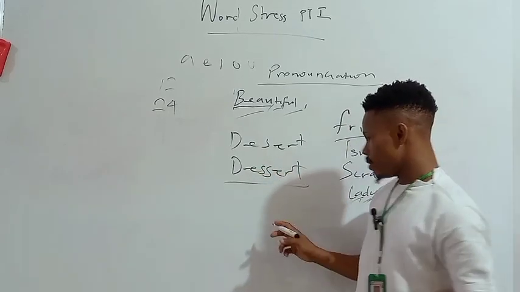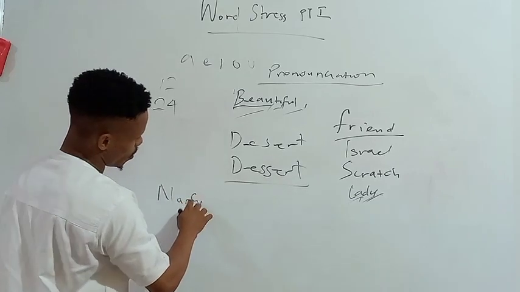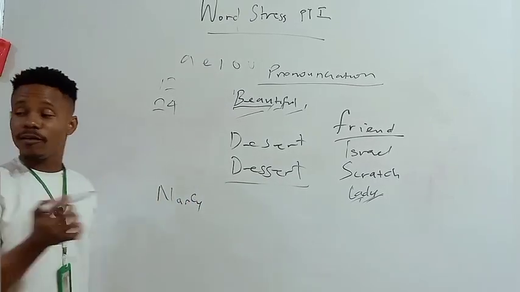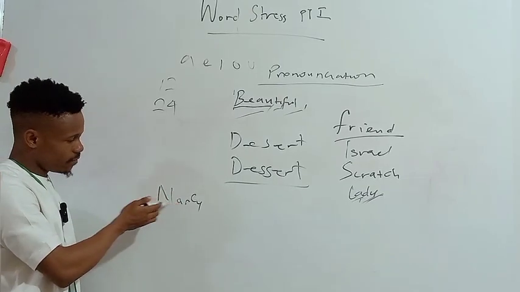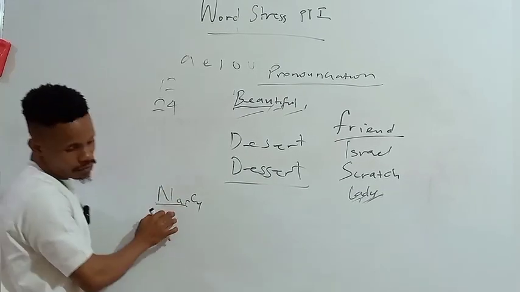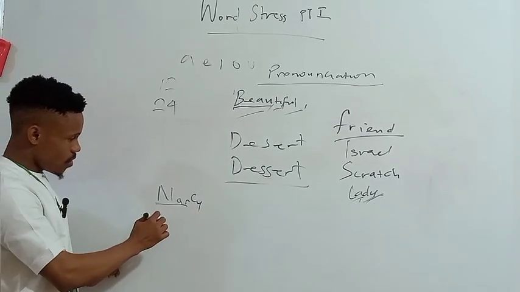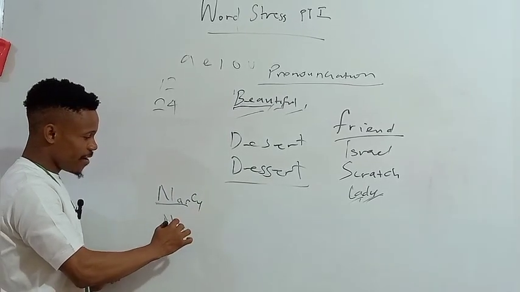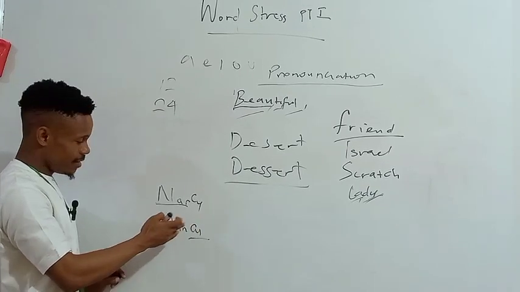Now, for example, we want to use this name. If my stress is here, that means this one will be louder than this one. But if my stress is here, it means this one will be louder than this one.